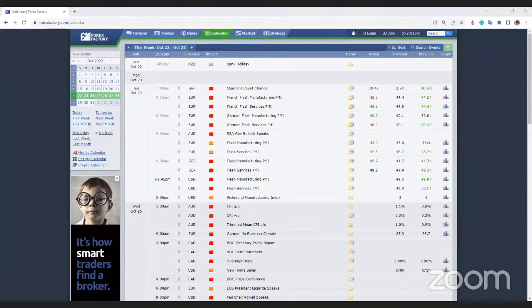I said US 30 and US 100 yesterday was a buy, and as at then it was still selling. A lot of you were complaining: this one a massive loss, this one a negative trade. Come on. I hope you finally checked back on that US 100.